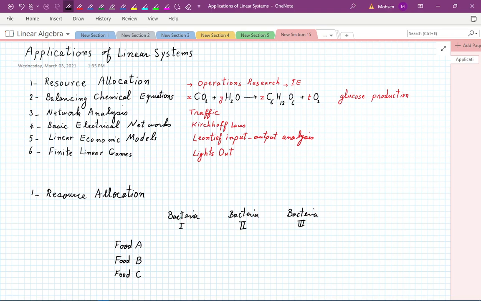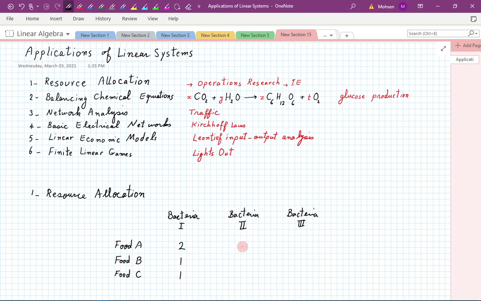So it is measured in some units, however they measure it in a biological lab. This bacteria needs 2 units of type A to eat, needs 1 unit of type B, and 1 unit of type C to eat.